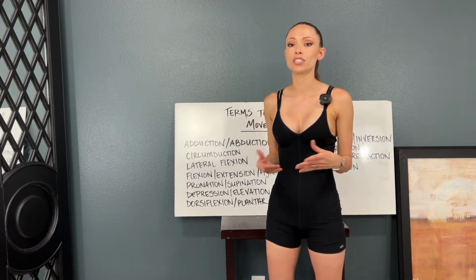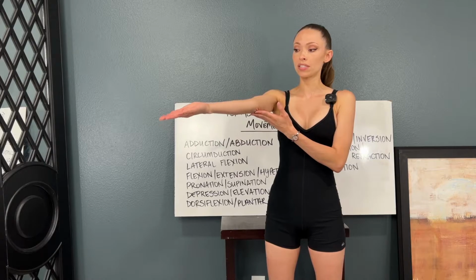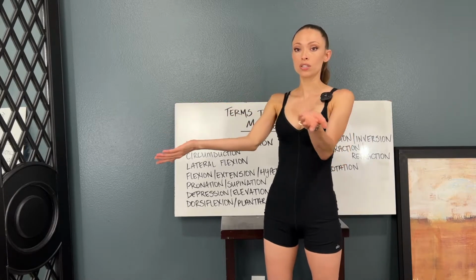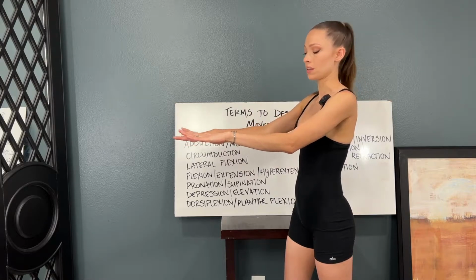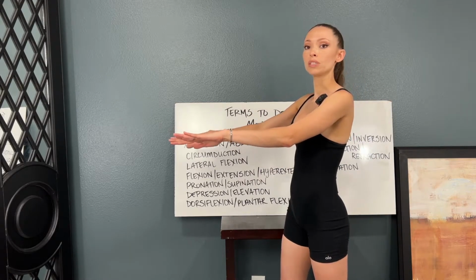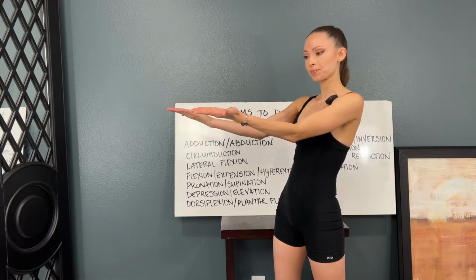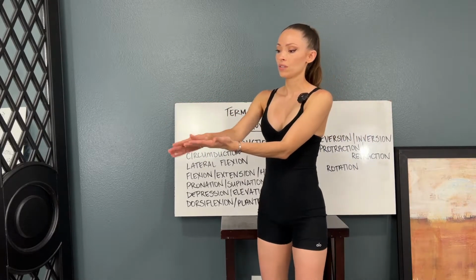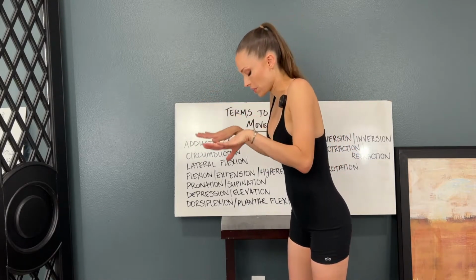The next movements are pronation and supination. Pronation is when you have your hand facing down. Like in downward facing dog, you have your hands on the ground, pronated on the ground. Supination is when your hands are facing up. You can think of when you're laying prone, you're facing downwards.